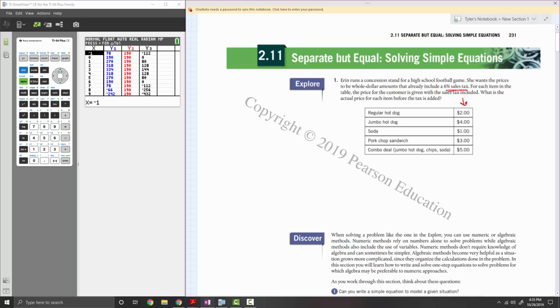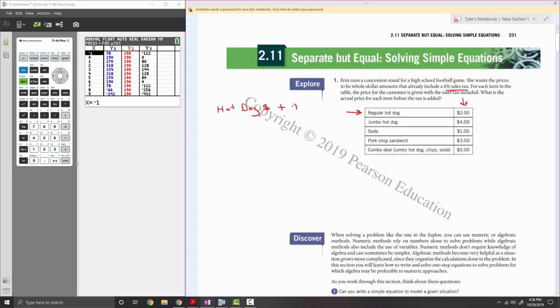So then we're asked, what's the actual price for each item before the tax is added, right? So in other words, if we look at the hot dog item, the way we can think about it is we have the hot dog price, right?